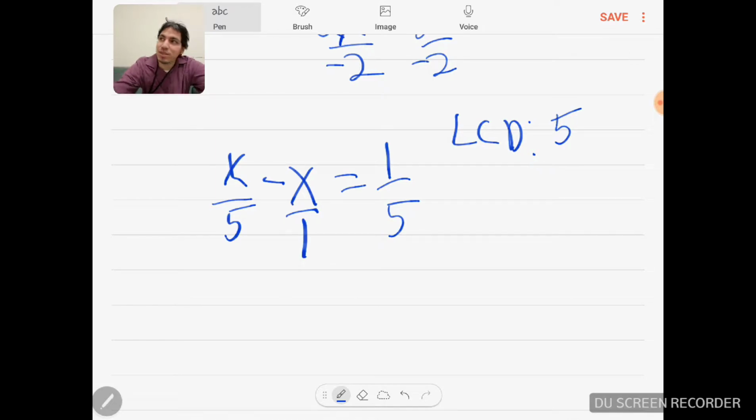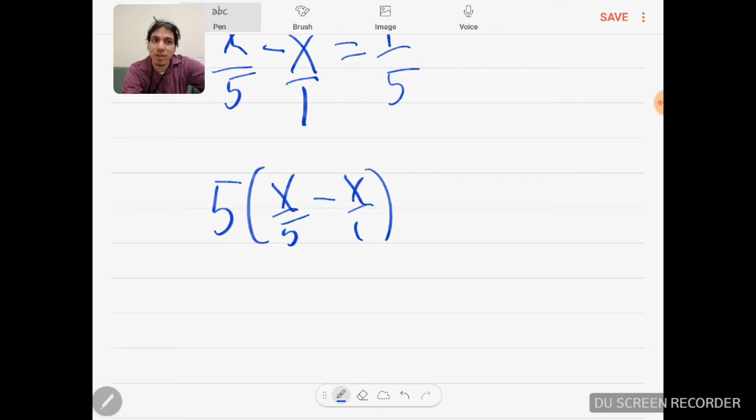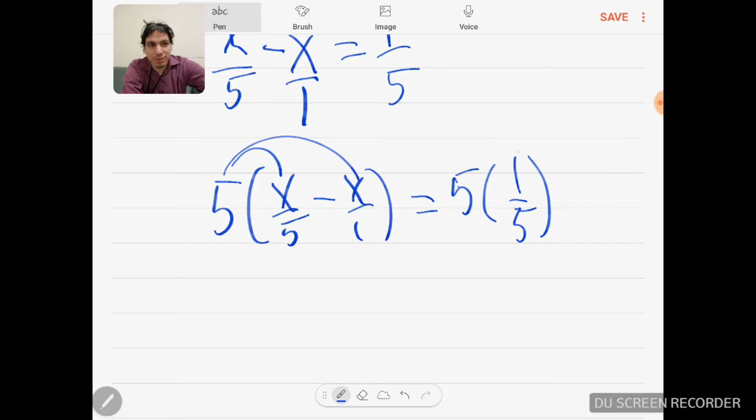So knowing that, I have to now multiply each side by 5. x over 5 minus x over 1. And then I'm left with 5 times 1/5 on the other side. So I'm going to cross cancel certain things here. These 5's are going to cancel, so this is x.